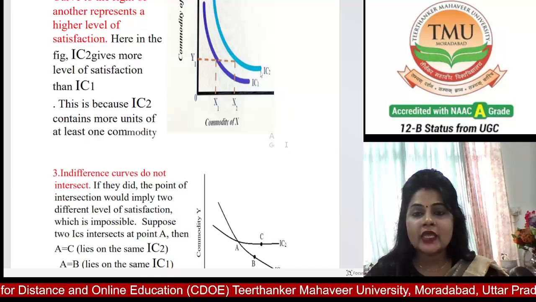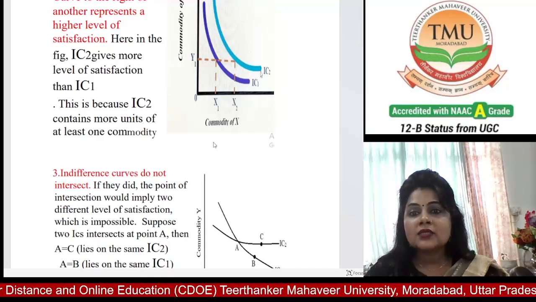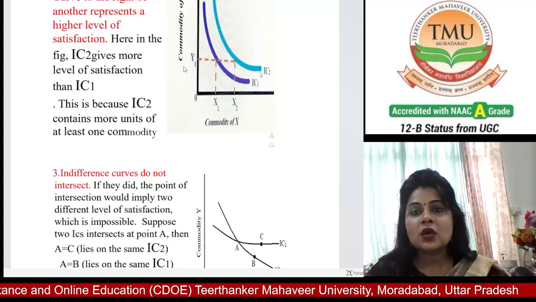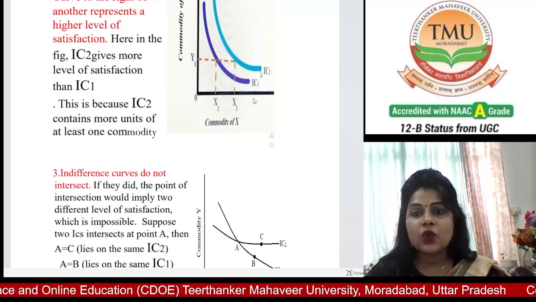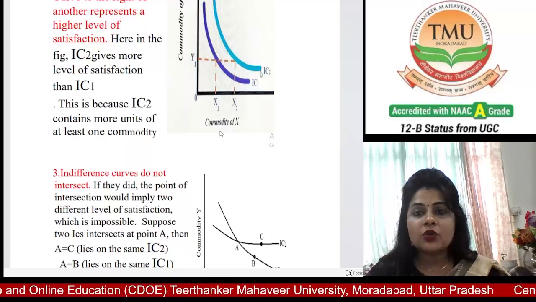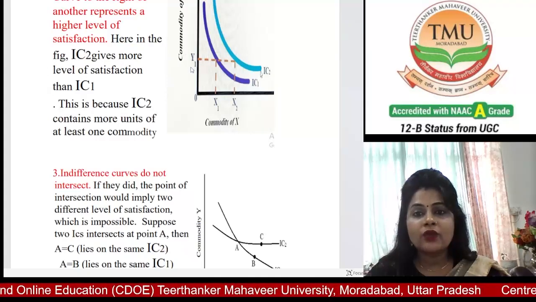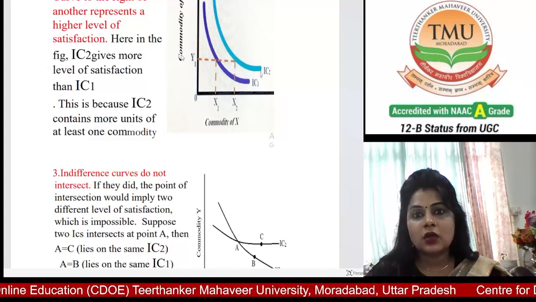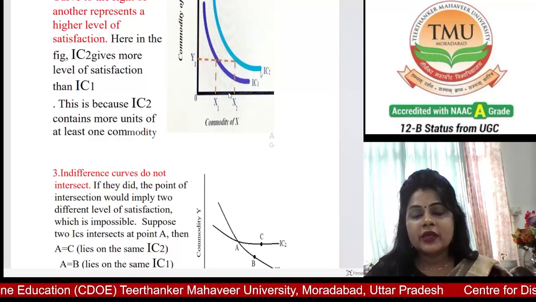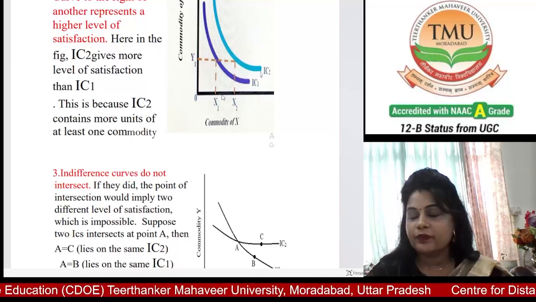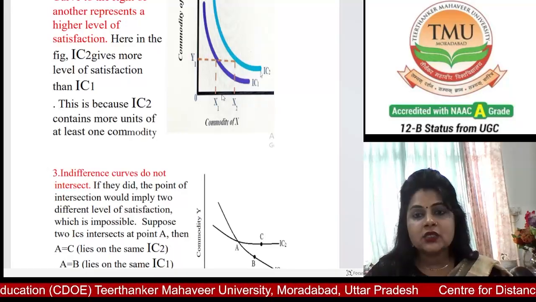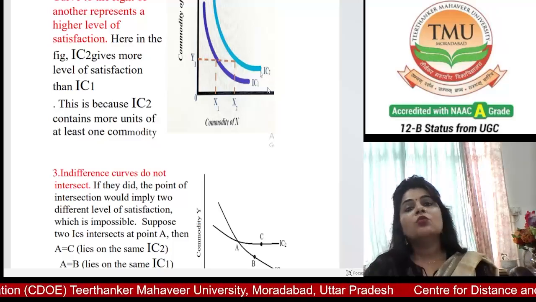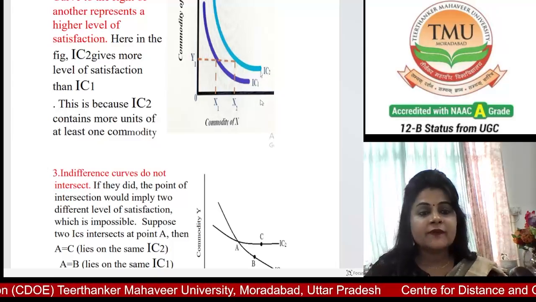You can see in this diagram, IC2 has two commodities of X good and Y1 commodities of Y good, while IC1 has only X1 commodities of X and Y1 commodity of Y. So it is the extra commodities' utilities that IC2 has. So IC2 has a higher level of satisfaction.